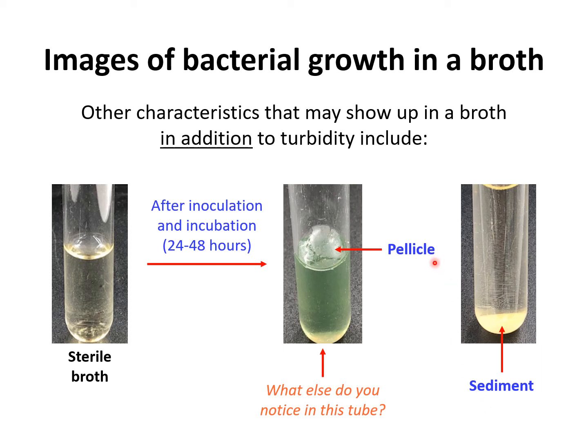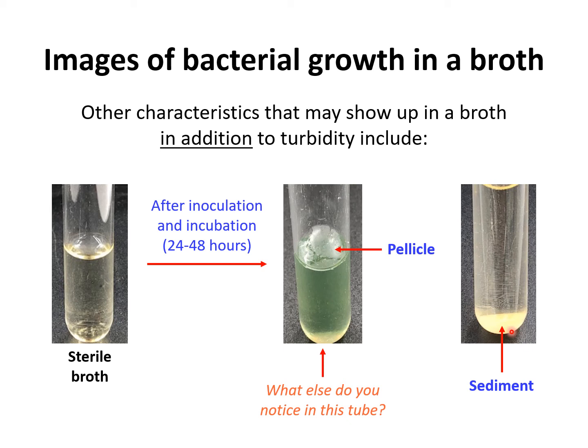Can you have a pellicle without turbidity? Absolutely not. Can you have sediment without turbidity? No. So again, a pellicle and a sediment are in addition to turbidity. You will never find them alone, because for you to have a pellicle, that means you have some bacteria growth in your broth, and so the broth is going to turn turbid.